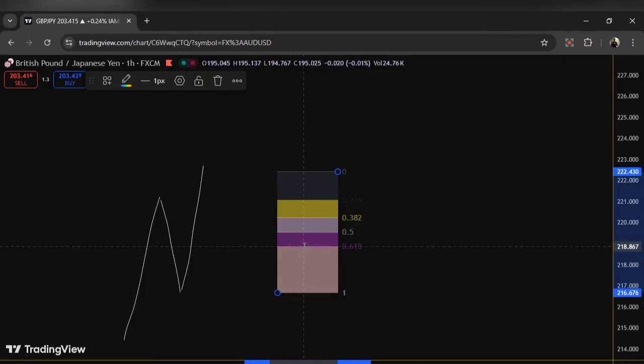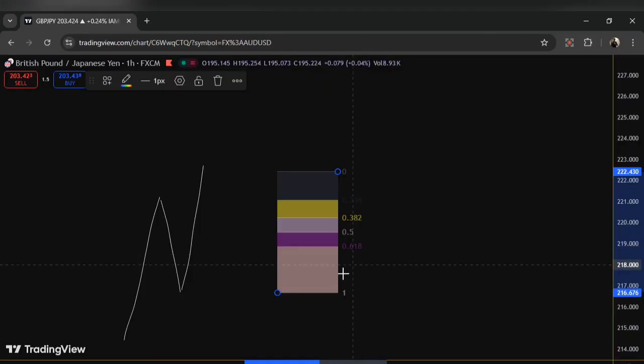You might see a lot of numbers, but for my interest, I use the 0.236 level, the 0.382 level, and I use the 0.5 level, and I will also use 0.618.